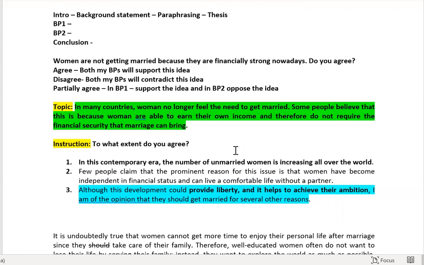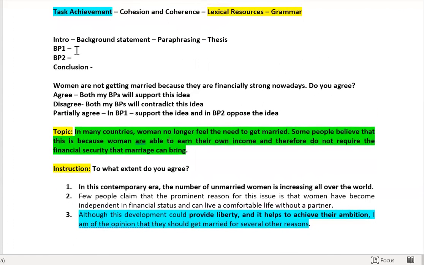So in BP1, we write our idea, then we explain it, and then we support with an example. This is the format for any body paragraph.